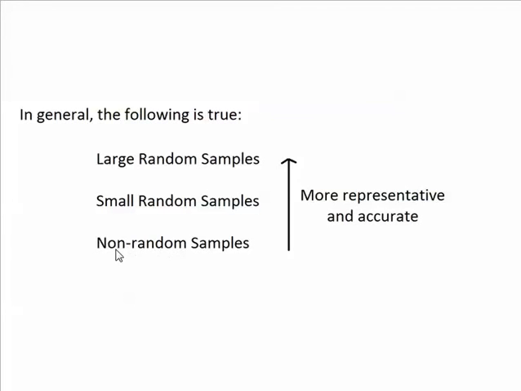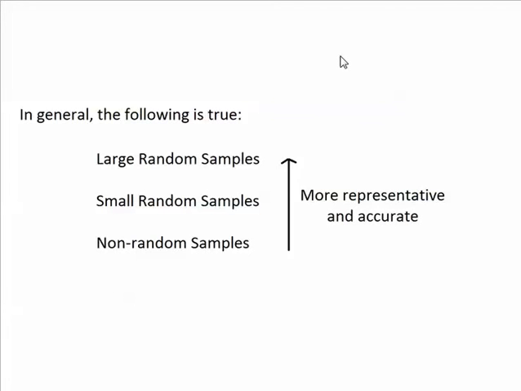One thing that can be done to make non-random samples more representative is using quotas. For example, if I'm selecting people non-randomly, I can still set targets for how many of each type of person I would like to have. For example, I could say I want my sample to include 25 freshmen, 25 sophomores, 25 juniors, and 25 seniors.